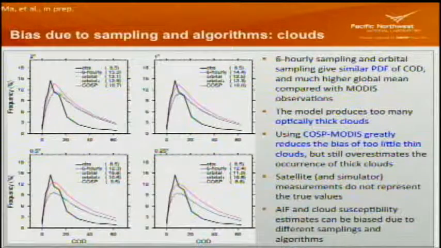And we found that this pink line reduces the bias in the lowest cloud optical depth regime, and here it still overestimates the frequency of occurrence, but you can see the mean bias is reduced dramatically. So at this point you can see that it really matters a lot how you evaluate your model, and sampling and algorithm strategies matter.